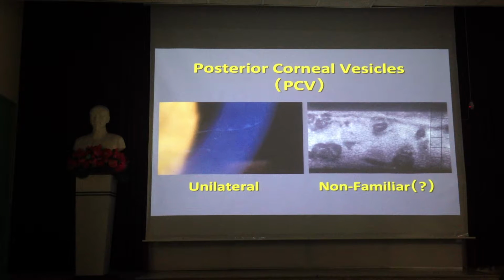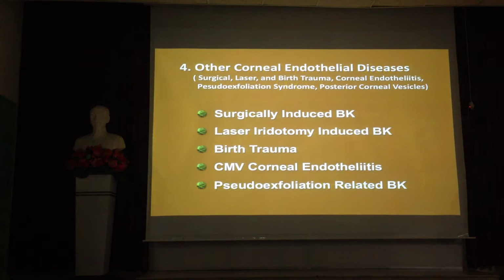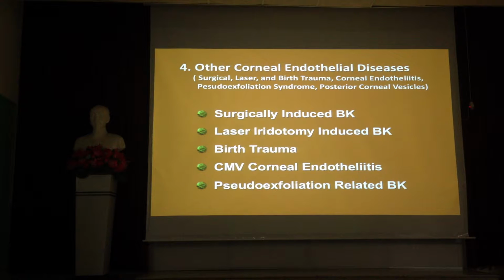When we took the specular microscopic image, they have some kind of ectopic accumulation of cells. They are supposed to be corneal epithelial-like cells. So there's an abnormal differentiation. They are supposed to be endothelial cells, but somehow they become more epithelial-like cells.